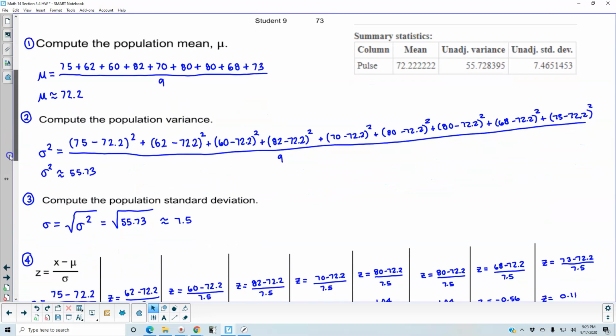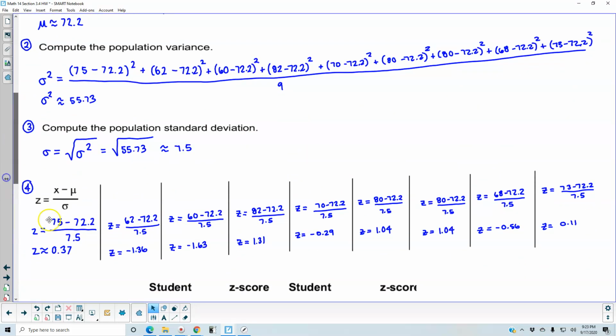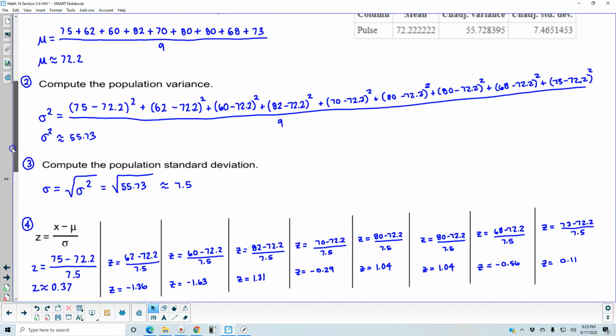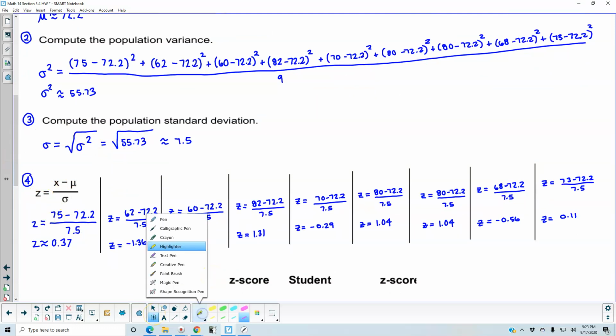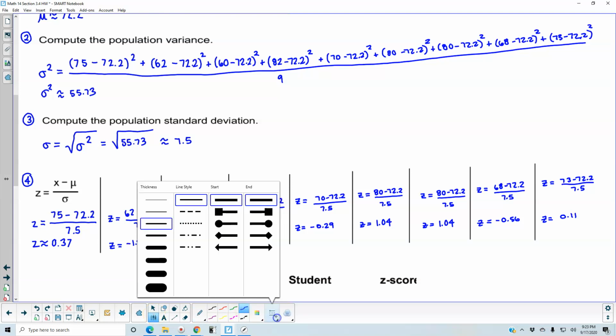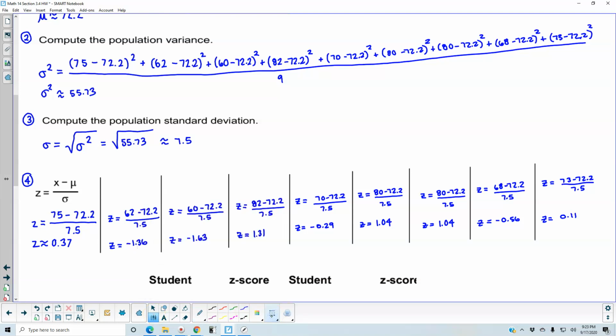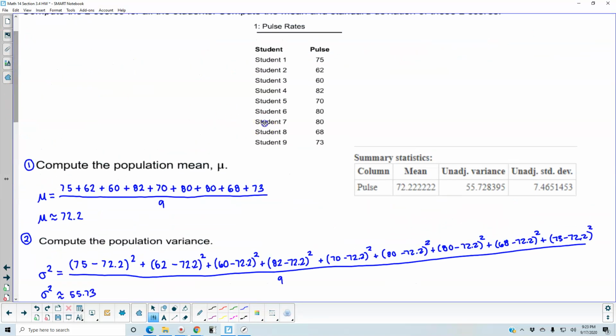Now, we need this information to be able to find the z-scores of each particular data value above. If we use the population mean and standard deviation, the first x data value from above is 75. I'm going to pull that data down here.